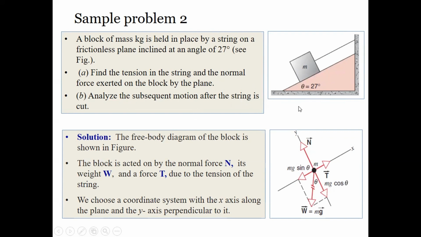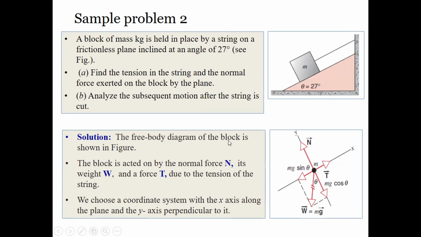First we solve this using the free body diagram. The best thing is that we must have the coordinate system also a little bit tilted. This tilted coordinate system is shown here as the X and Y coordinate system. You can see X is now parallel to the inclined plane.